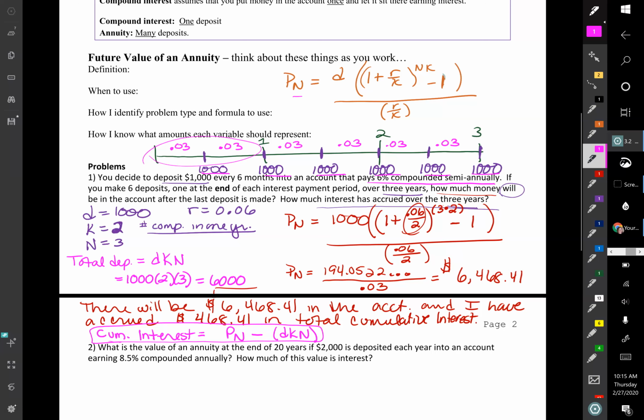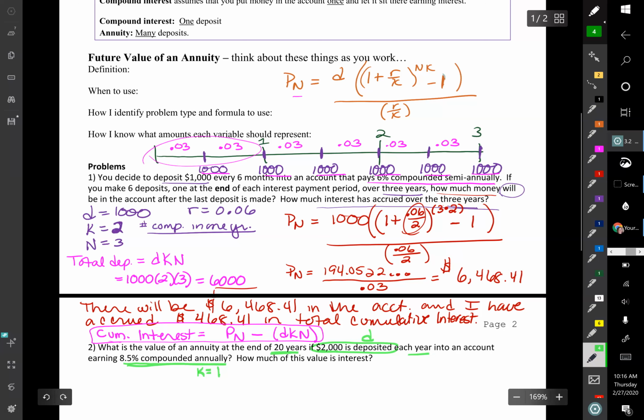I'll fill in all the blanks. I know when I was doing this with the hybrid, some people thought maybe they should multiply that 2,000 by the 20 and put that in for D, but just so you get started on the right track, this 2,000 is deposited, so that actually is D. Okay, so D is 2,000, and then the 20 represents my N. I treat those separately, and I have to also look at 8.5% compounded annually, so my K is going to be 1.